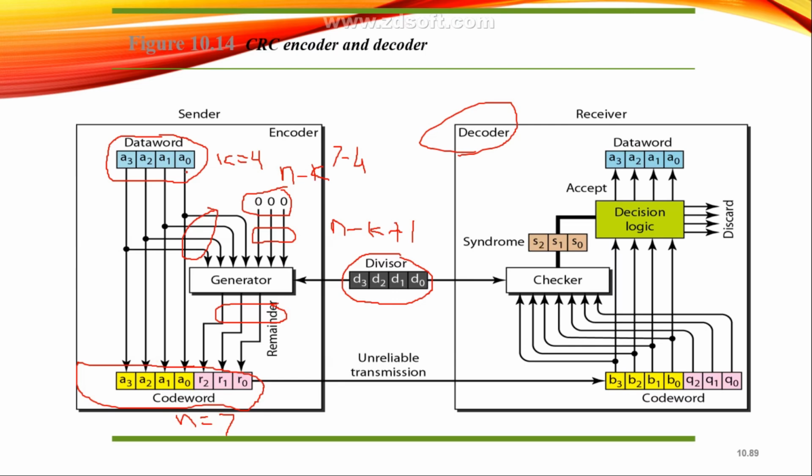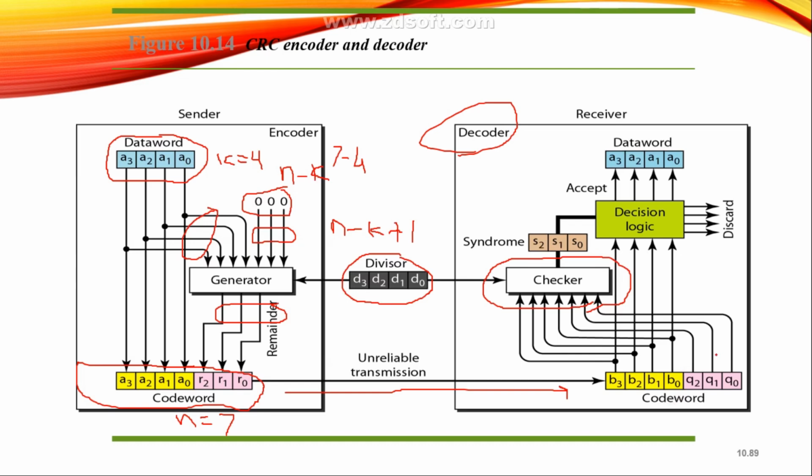And you can observe, this is your decoder. This code word has been sent to the receiver. The decoder is going to receive this code word, and possibly it is corrupted. So a copy of all n bits is fed to the checker. You can observe, instead of a generator we have a checker at the decoder side.